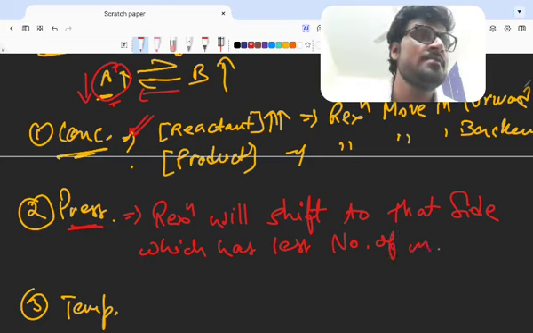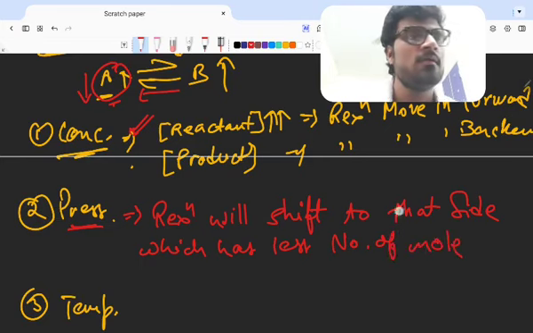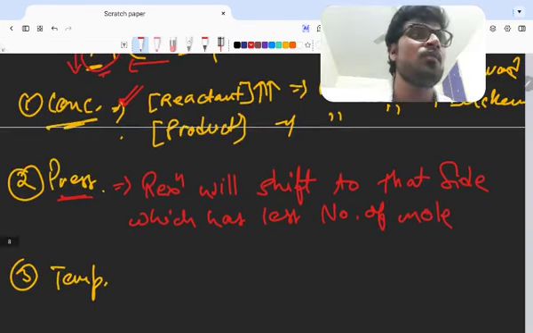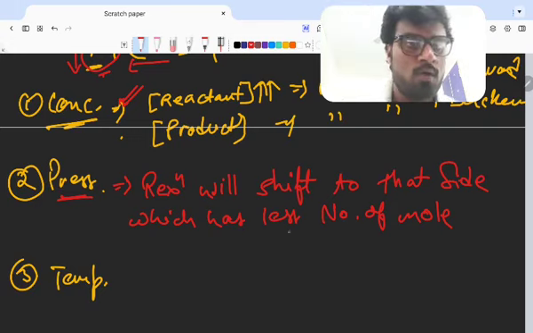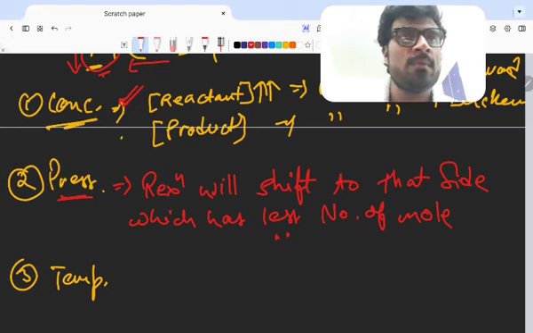Very simple statement it is. If I increase the pressure, the reaction will shift to the side with fewer moles. Nothing, no very high IQ question. You just have to remember this statement and you will do all the questions.